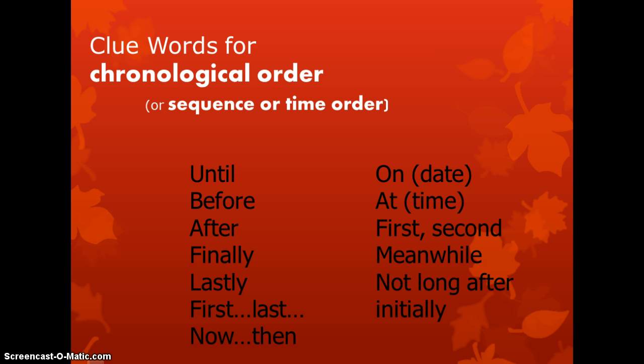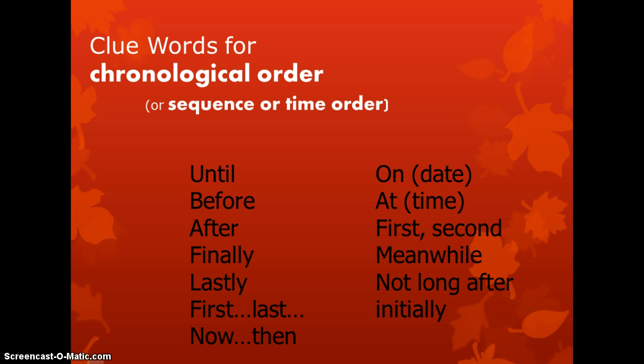Until, before, after, finally, lastly, first, last, now, then. On, and for the date we could say on July 8th, 2014 we started summer school. Or at, we could say at 10 o'clock we are having a bathroom break. So those kind of clues are helpful. First, second, meanwhile, not long after, initially.